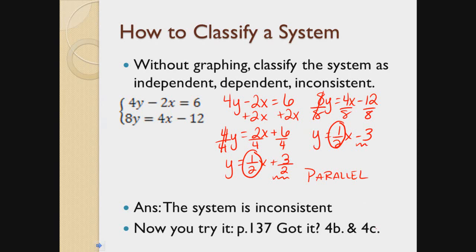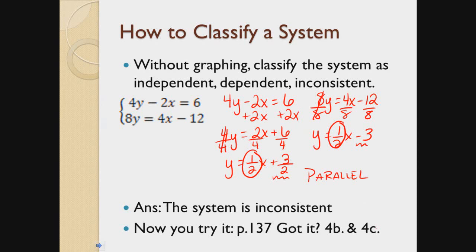We're going to add 2x to both sides and get 4y equals 2x plus 6. Then divide by 4 and get y equals 1/2 x plus 3/2.